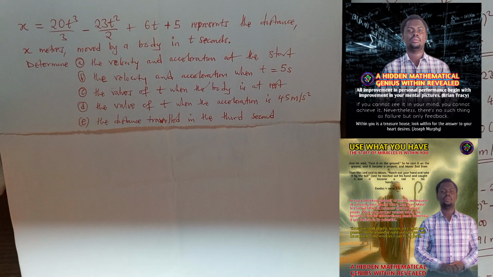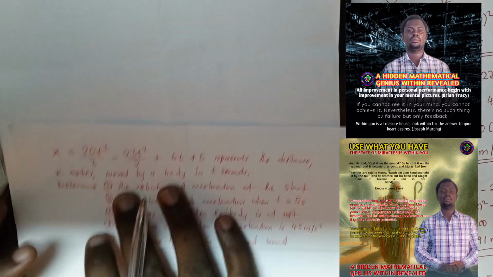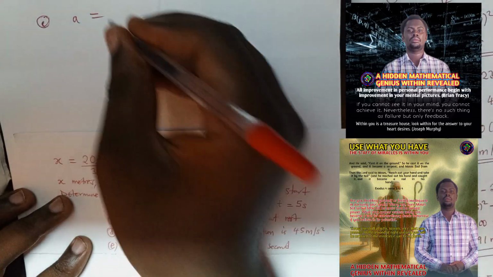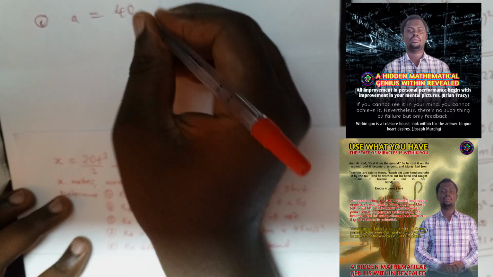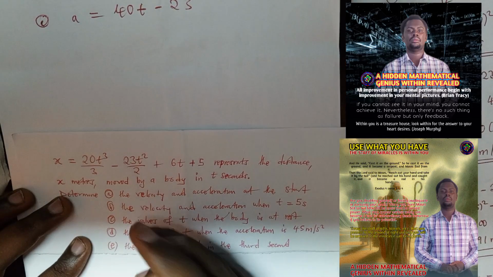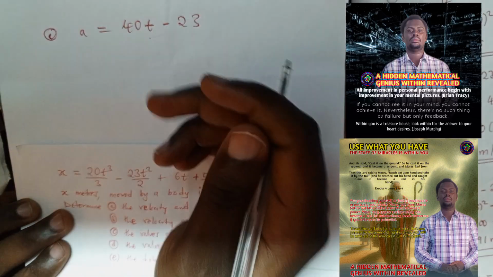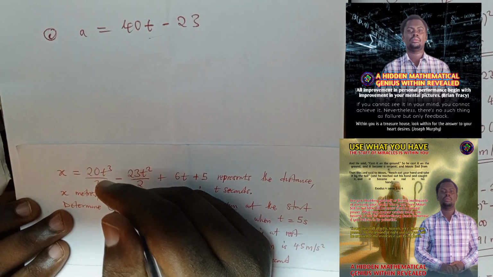Okay, so we are on t. The value of t when the acceleration is 45 meters per second squared. Again, we have the function for acceleration. Acceleration is equal to 40t minus 23.